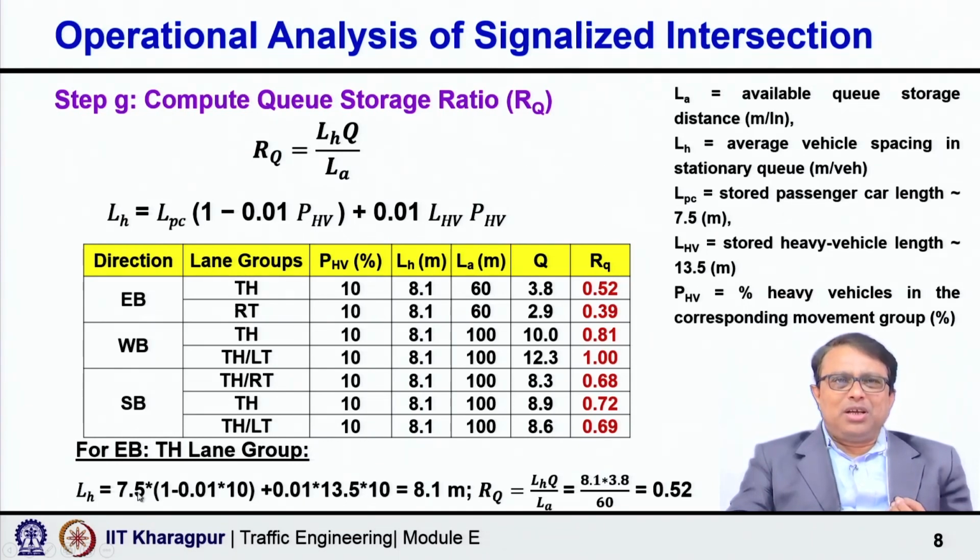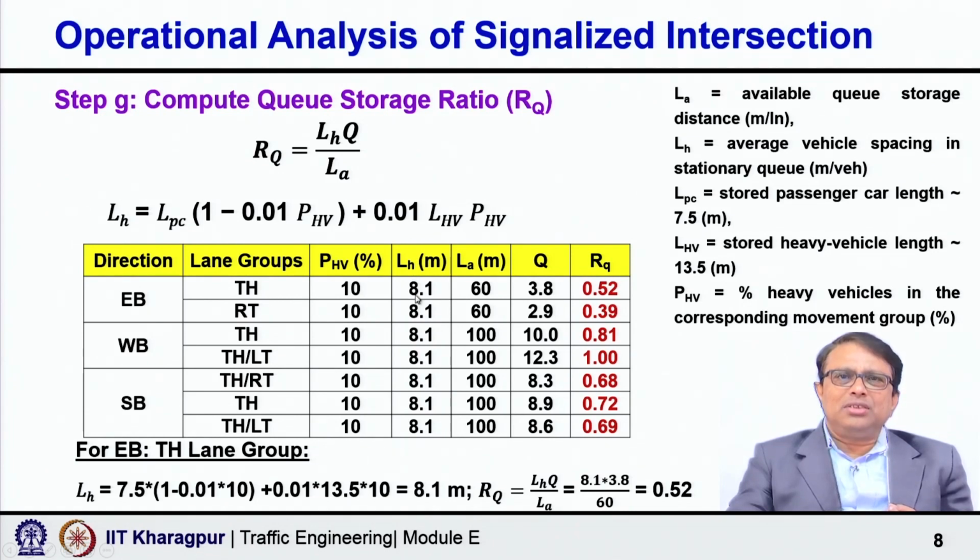So, 7.5 into 0.9 plus 0.1 into 13.5, you get 8.1. That is how we calculate the LH value.